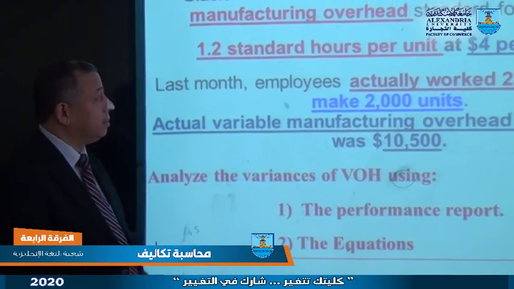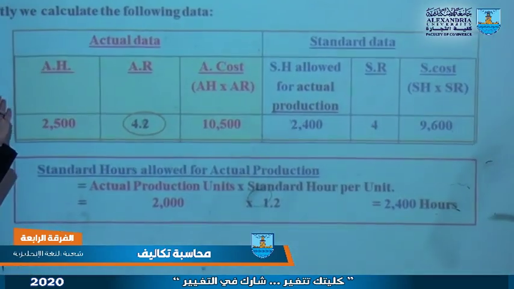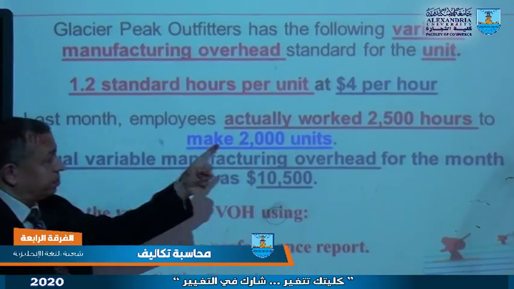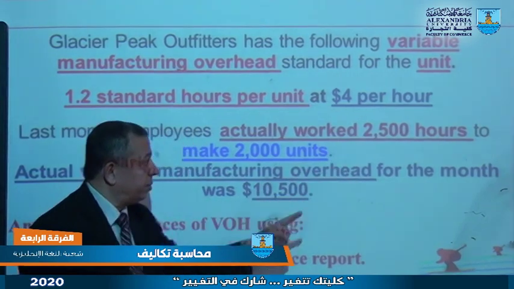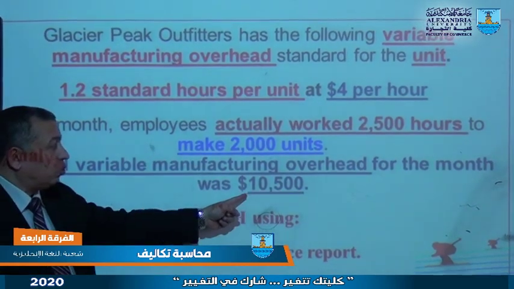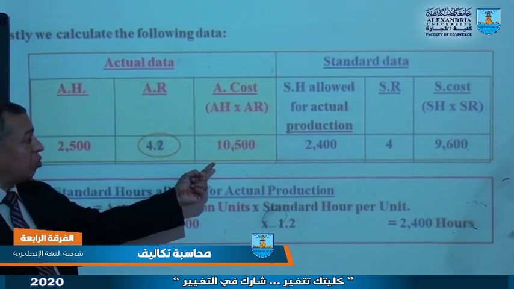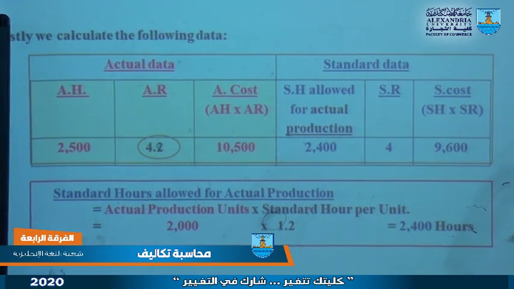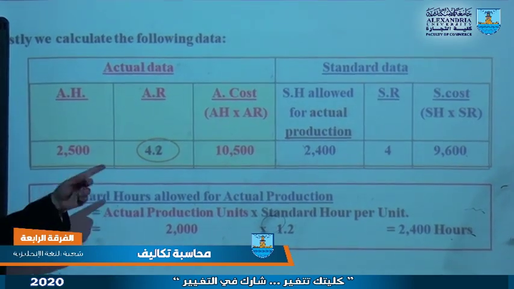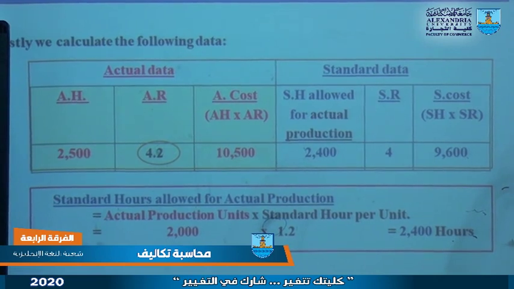I speak about totals. This is my table. Here I have actual hours, and I have actual cost. If I have actual hours and actual cost, I can get the actual rate.